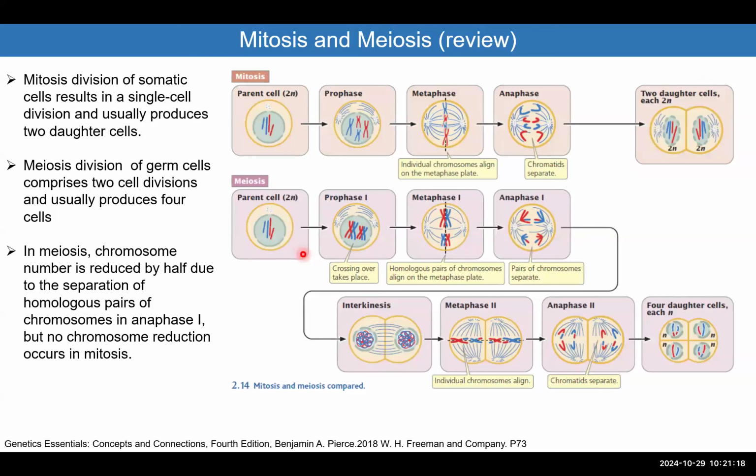Recall from the previous lecture that we discussed mitosis and meiosis. And I mentioned that when we are going to generate a transgenic animal, we have to understand the process of mitosis and meiosis and how we can utilize the end product of mitosis and meiosis in terms of transgenesis.